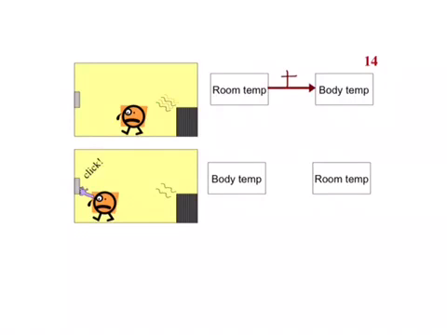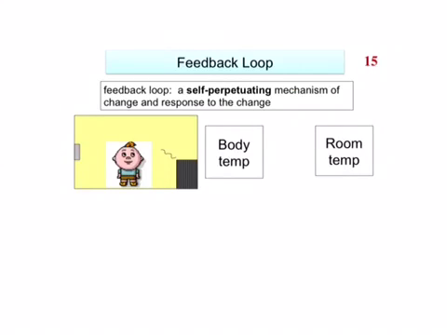And so that would be a negative coupling, which we would depict with a line that terminates in a circle. Here we go. So this is our negative coupling. Okay, that's pretty straightforward. So let's make this a little bit more complex, and talk about feedback loops.